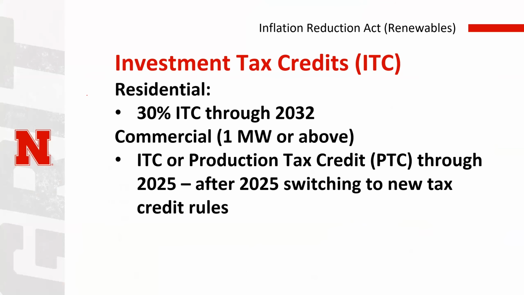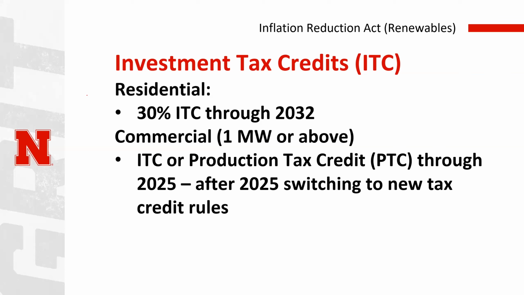Let's talk about the tax credit incentive. The tax credit incentive was on a decline at the start of 2022, but in mid 2022, the Inflation Reduction Act was passed by Congress, and that reinstated the investment tax credit to 30% for 10 years through 2032.